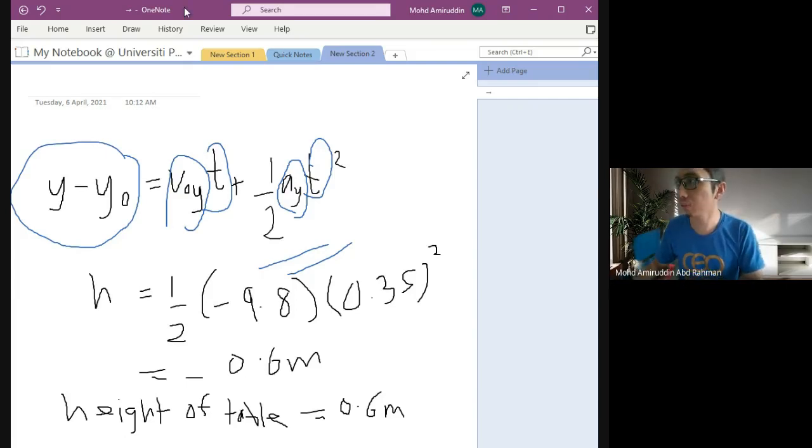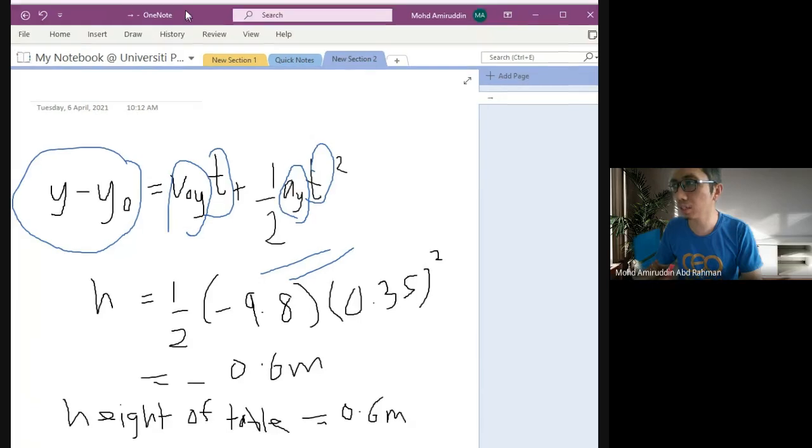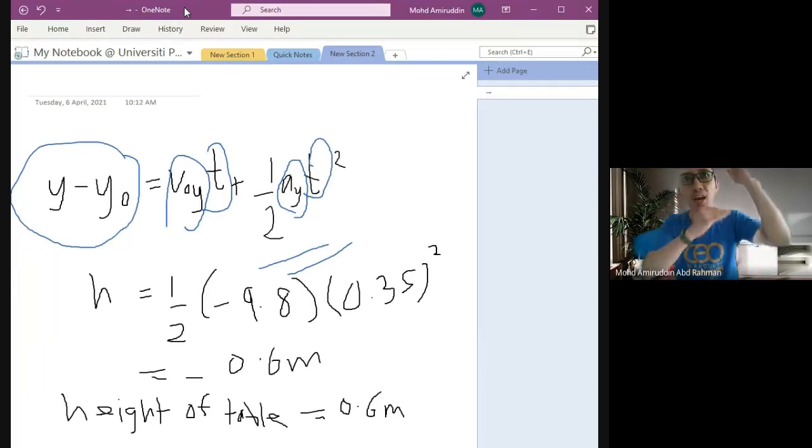All right, so how about B? B is asking you about the horizontal distance from the edge of the table to the point where the book strikes the floor. We already found the height, and now we need to find the distance, the horizontal distance where the book drops.